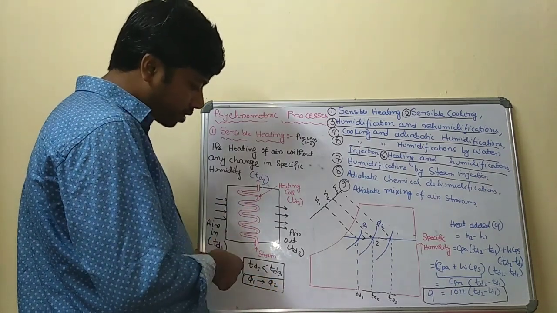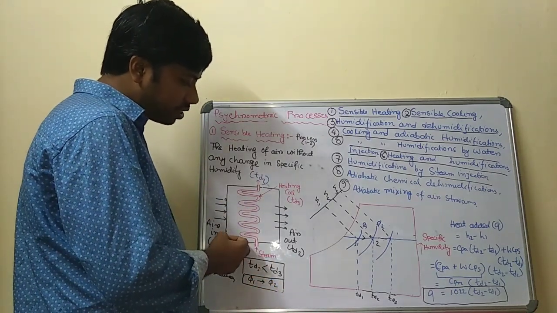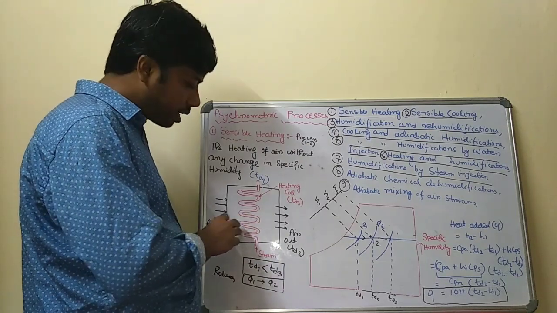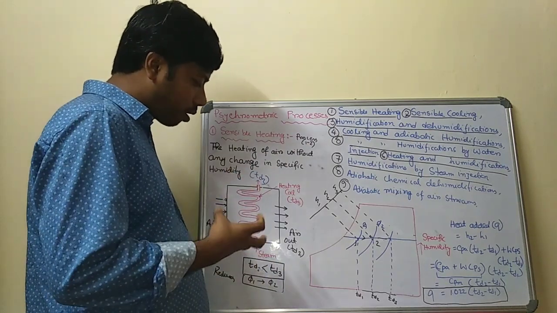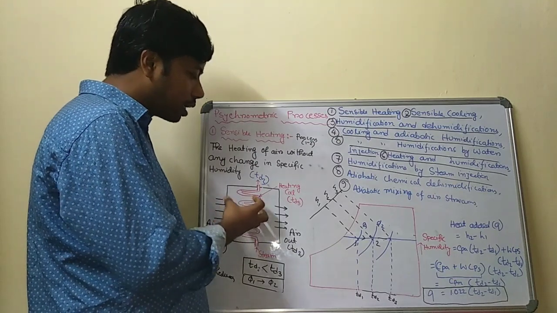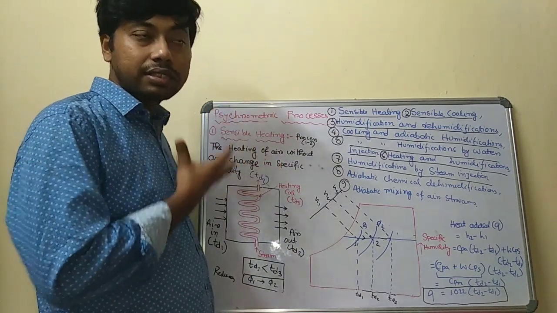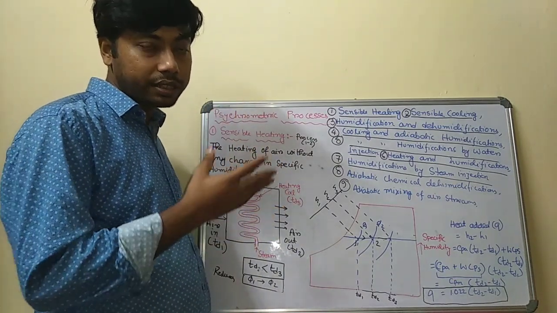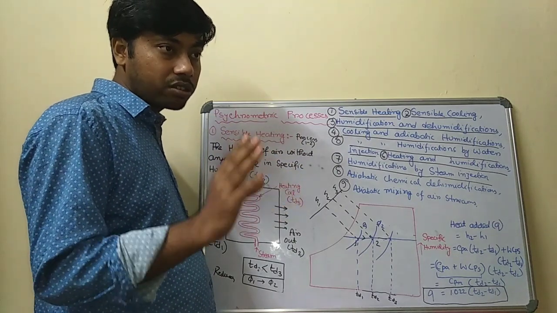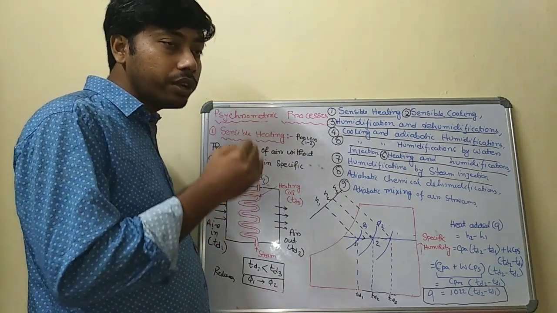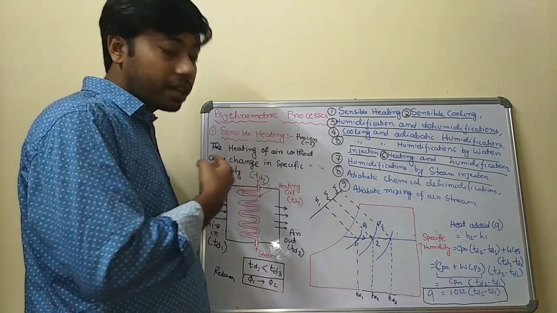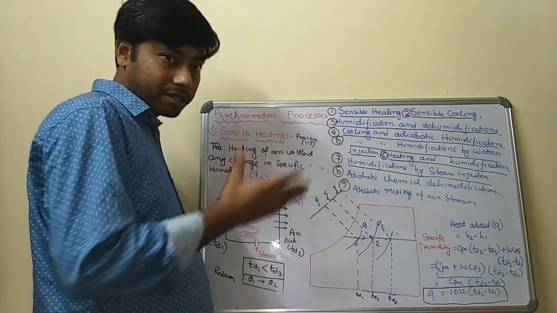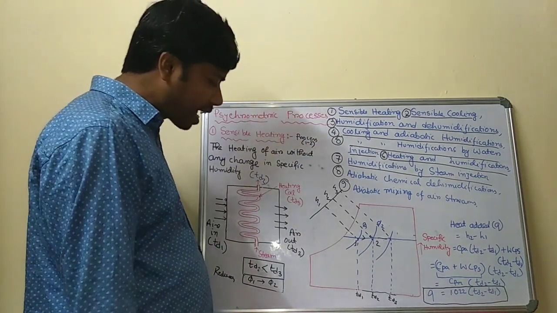One more point: obviously TD3 is greater than TD2. In the heating coil, some part of the air is in contact with the coil, while the remaining part is not partially or fully in contact with it. So there will be bypass, and we will discuss the bypass factor on that.